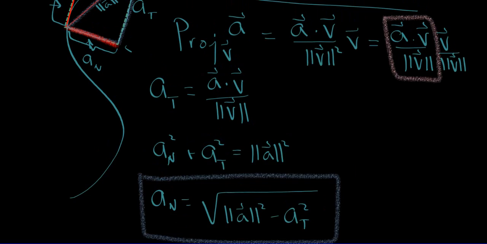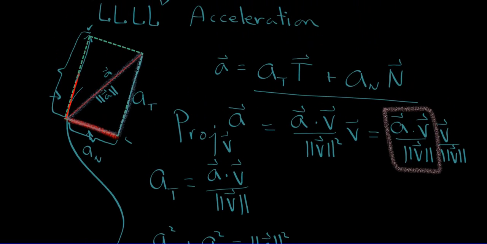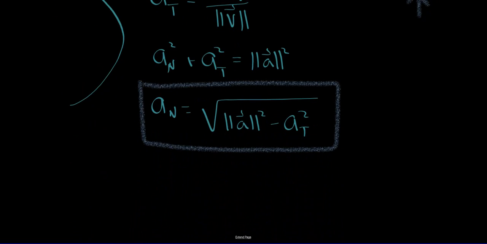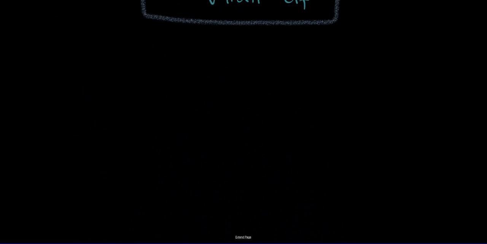Now, I want to point out something here. This right here, that's how we get the tangential component for acceleration. Well, there is a way that we can get the normal component for acceleration with something that looks very similar. The normal component for acceleration is going to be A cross V, or let me do this.